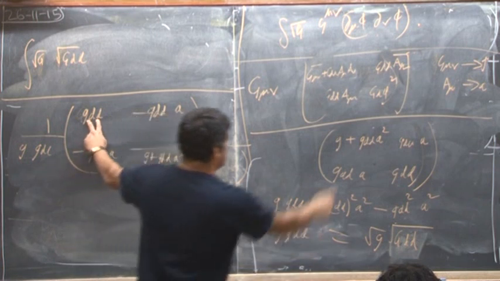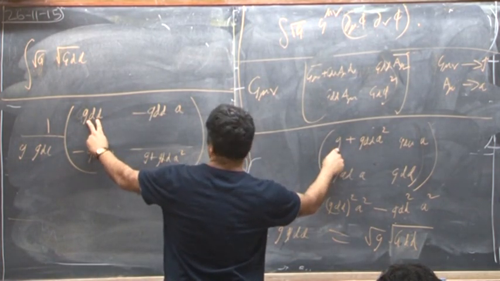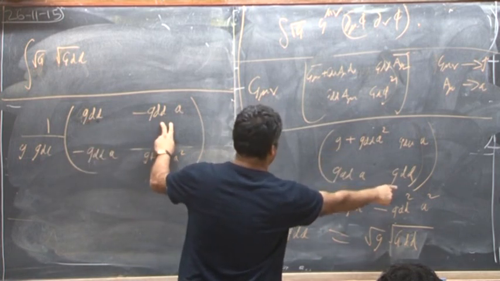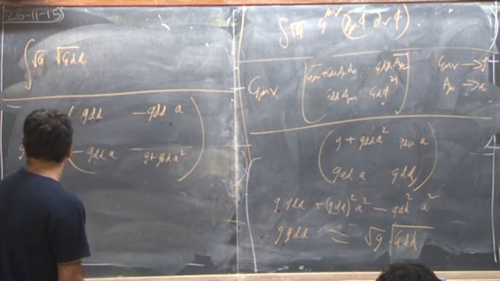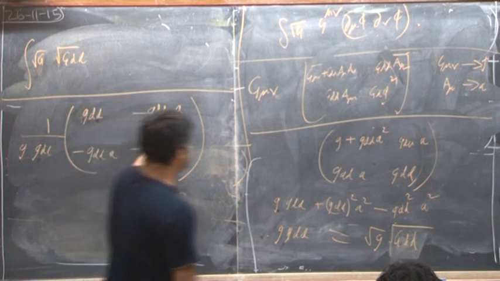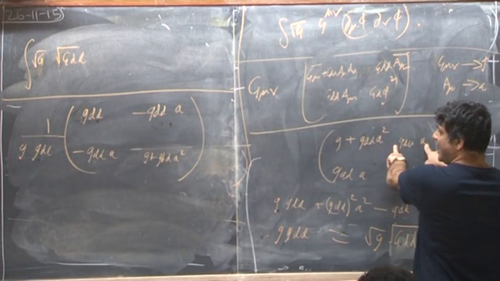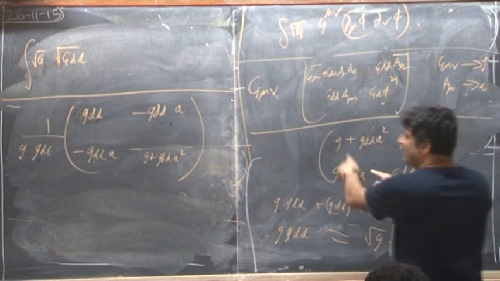So this into this gives G_DD into G and minus. Yeah, that looks good because that cancels this. This into this gives G_DD squared A minus G_DD squared A. It looks good, right?